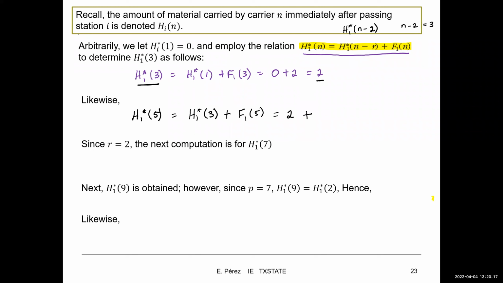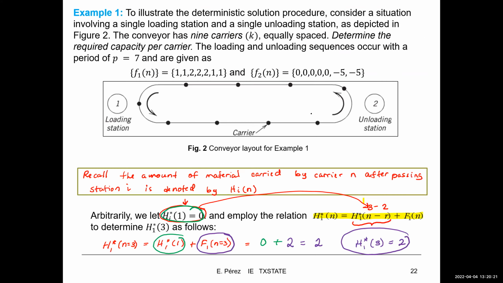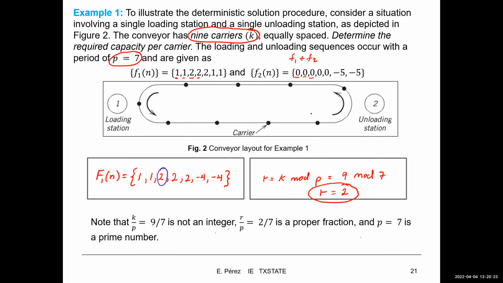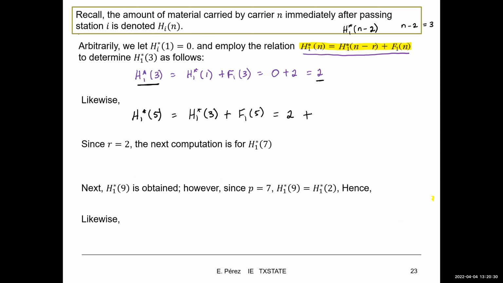And now I have to go back to F to find the value of F1 of 5. So this was 3, for 5, that will be 2. So this is 2 plus 2, and this is 4.